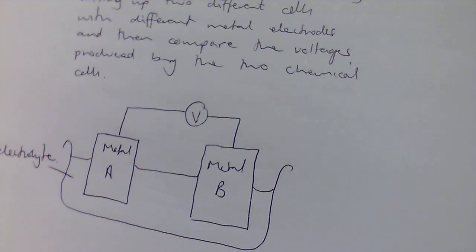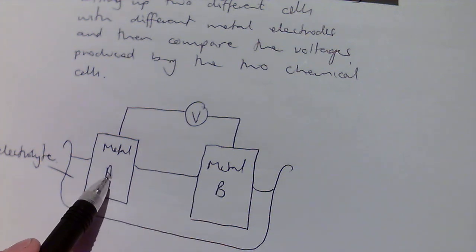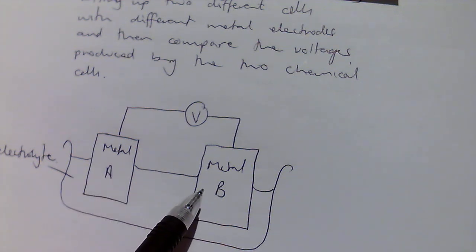So there we have it. We've got a voltmeter, metal A, metal B, and metal A has a different reactivity to metal B, so therefore we know we're going to get a potential difference.